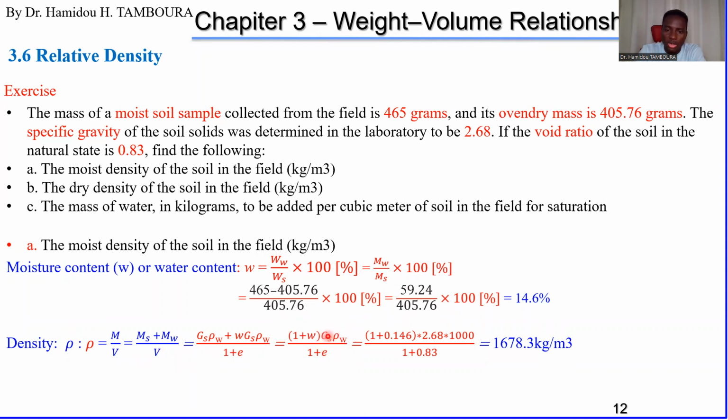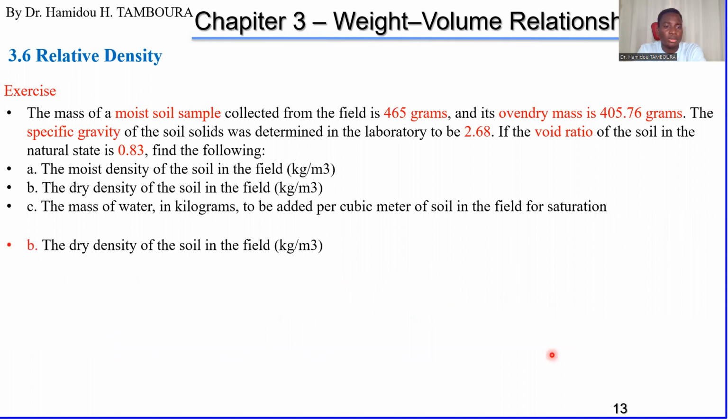By multiplying this by this, you obtain the density of the soil particles, rho S. Anyway, we divide this by 1 plus e. And numerically, when we apply, we obtain this density, 1,678.3 kilograms per cubic meter.